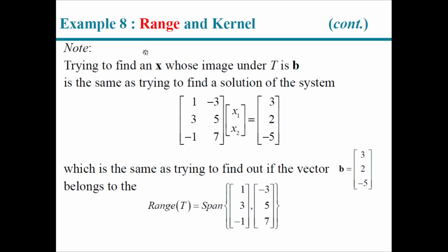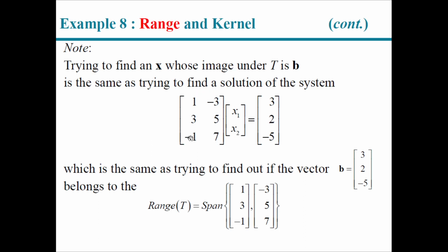Another note regarding the range: if we try to find an x whose image under T is some vector B, that's the same as trying to find the solution for the linear system Ax = B. We saw that already. Which means that's the same as asking whether the vector B is a linear combination of these two columns.